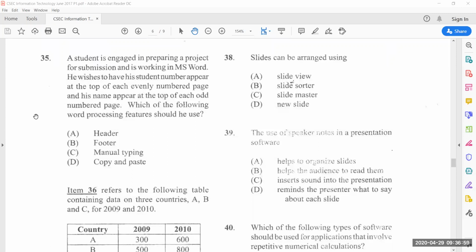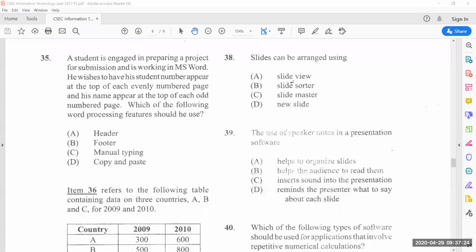35. A student is engaged in preparing a project for submission and is working in Microsoft Word. He wishes to have his student number appear at the top of each evenly numbered page and his name appear at the top of each odd numbered page. Which of the following word processing features would he use?